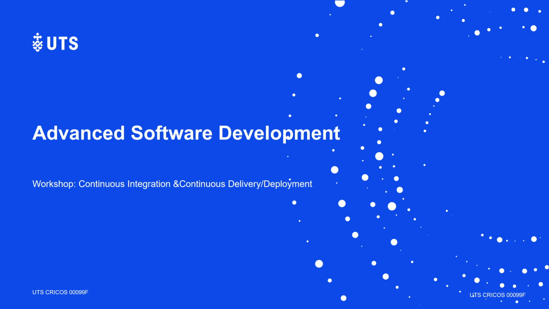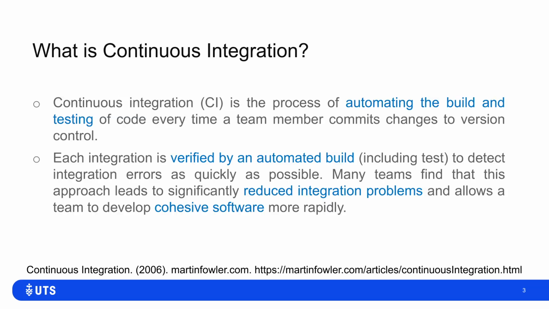So in this workshop, we will talk about the basic concept of continuous integration and also continuous delivery and deployment. First, let's talk about continuous integration, which is normally called CI. CI is a process of automating the build and testing.